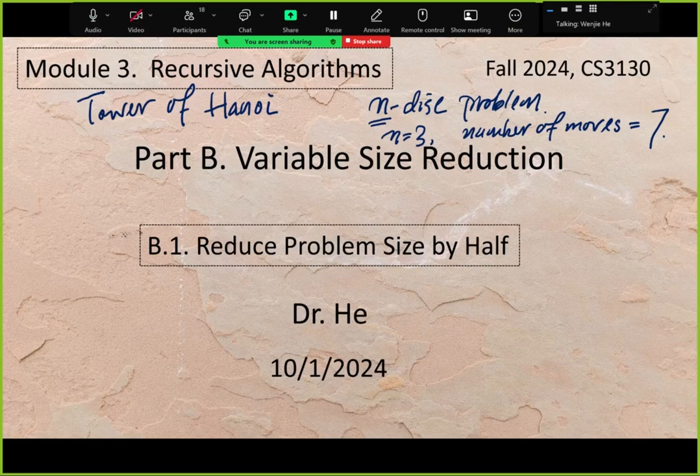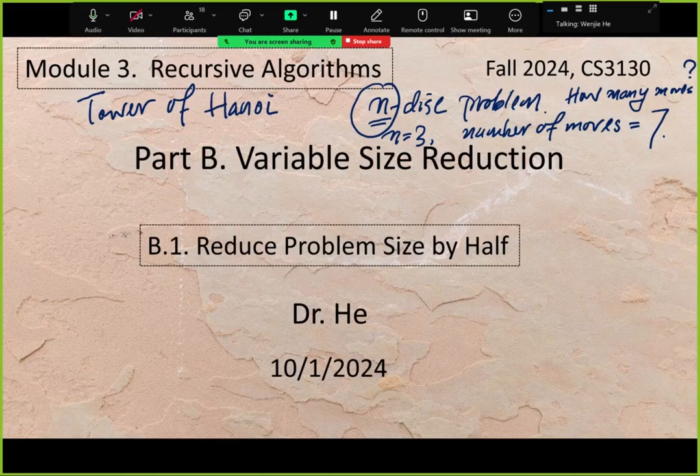And the question, when n is a general n, what is the number of moves? How many moves for the general case? But today here, I do not want to explain how to find the number of moves.